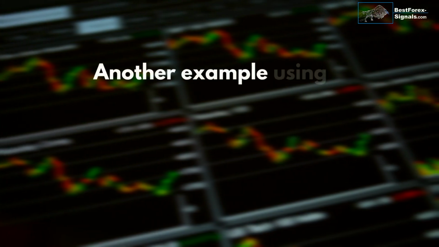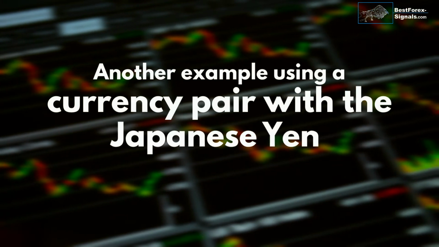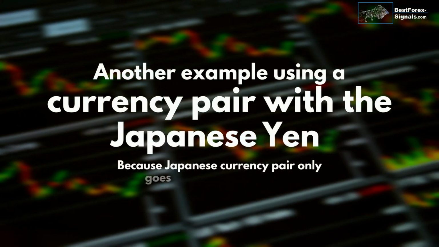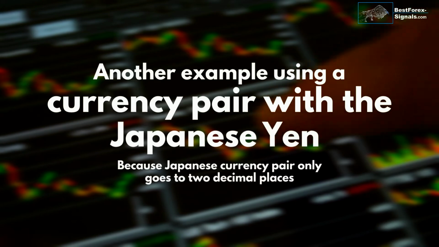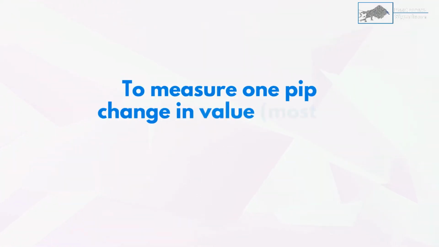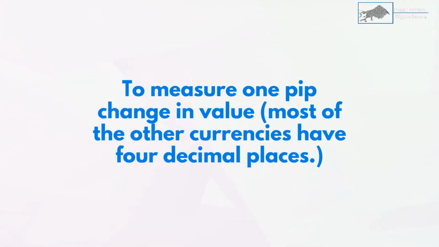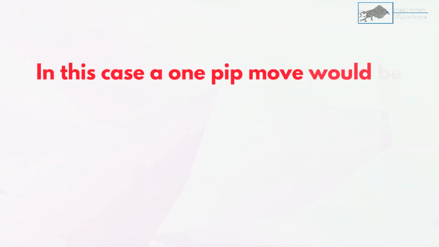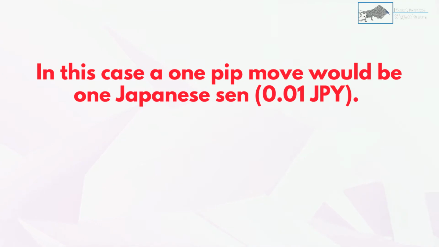Here is another example using a currency pair with the Japanese yen, because Japanese currency pairs only go to 2 decimal places to measure 1 pip change in value, while most of the other currencies have 4 decimal places. In this case, a 1 pip move would be 0.01 JPY.